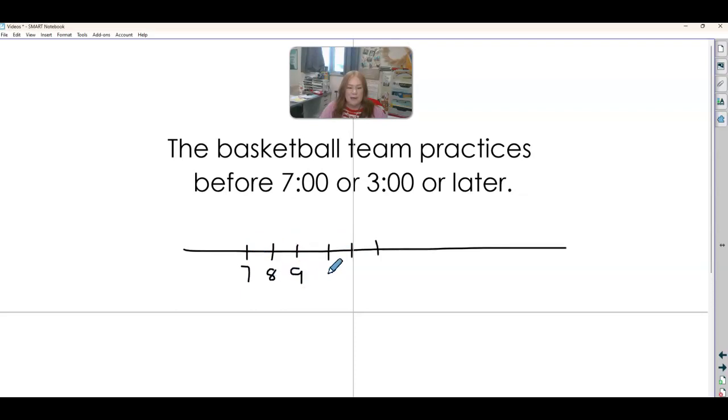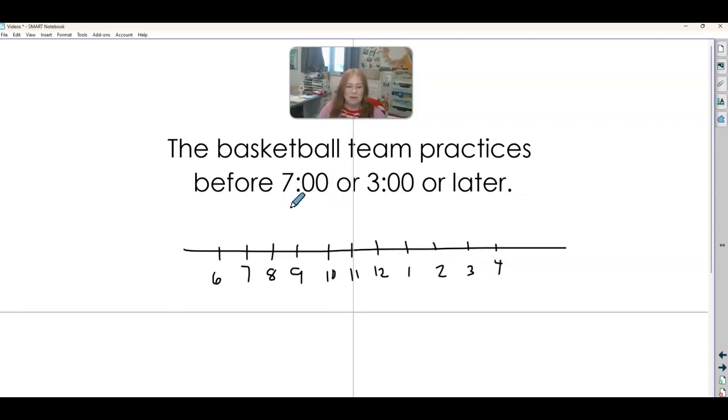So 8, 9, 10, 11 o'clock, 12 o'clock, right? And then we'll start over at 1 o'clock, 2 o'clock, 3 o'clock. So somebody just looking at this number line might not think it's right, but in reference to the problem, it does make sense. So we're going to go from 6 to 4 on our number line.